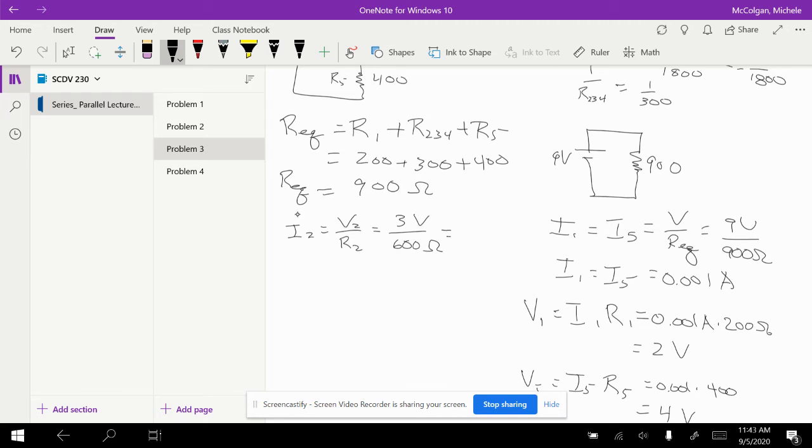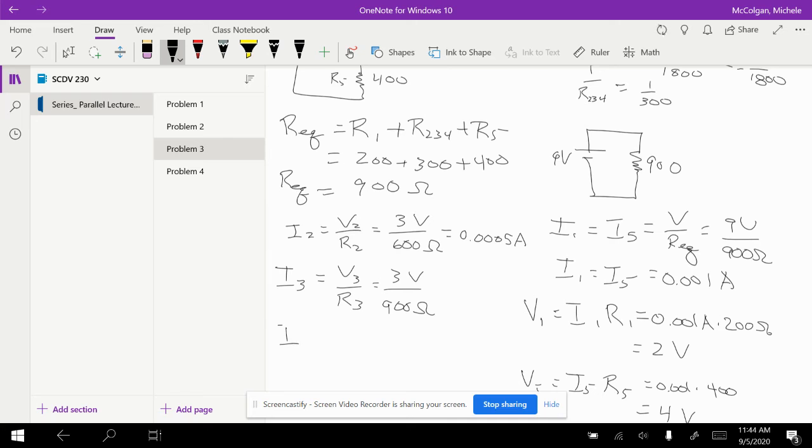And that's going to be 0.0005 amps. I3 is going to be V3 over R3, and that's going to be 3 volts over 900 ohms.